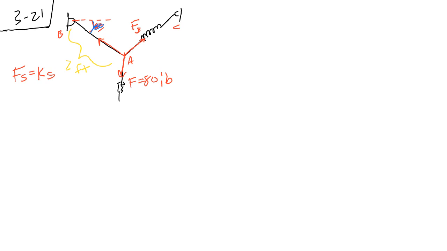Okay, so this thing here is in equilibrium. These two forces are in equilibrium. You can also think of it as basically these two forces, the tension force and the spring force over here, balance out to A. And so you can also treat this as a triangle.